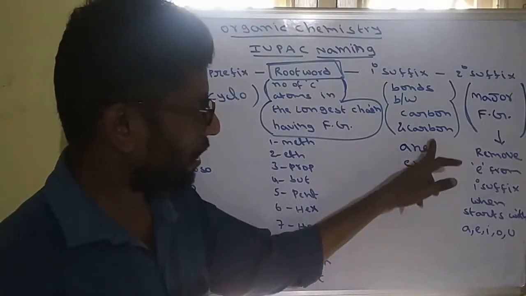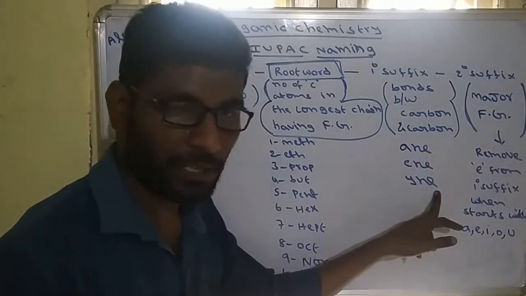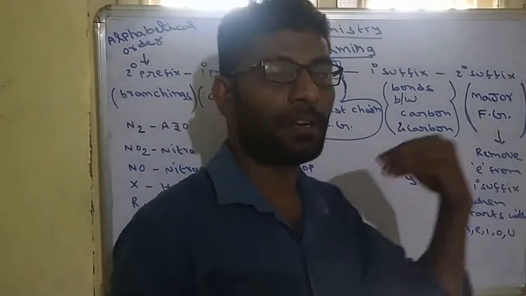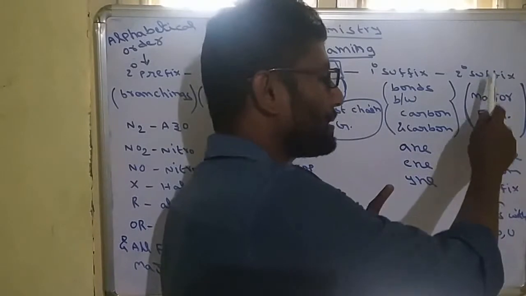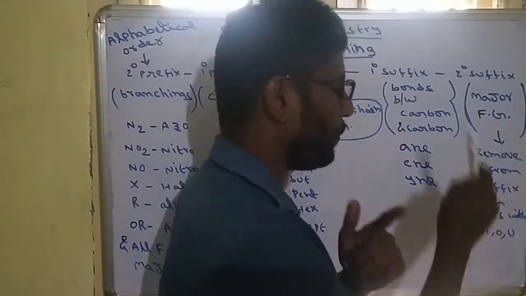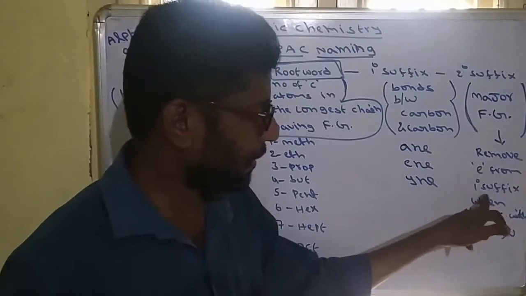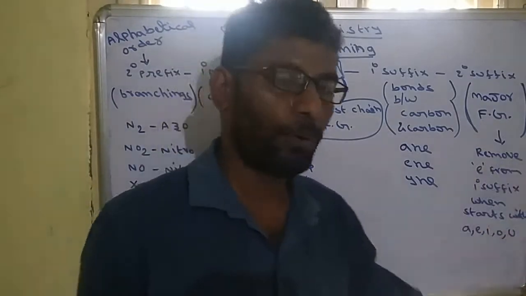Ane, ene, yne always contain E as the last letter. So remove E from the primary suffix when the secondary suffix starts with a vowel letter.